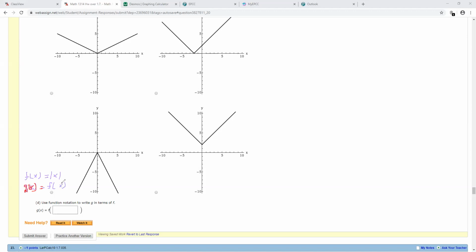And what is that change, Griselda, on this problem? Half. Good. So this right here is a way of saying g of x equals the absolute value of 1/2 times the x.